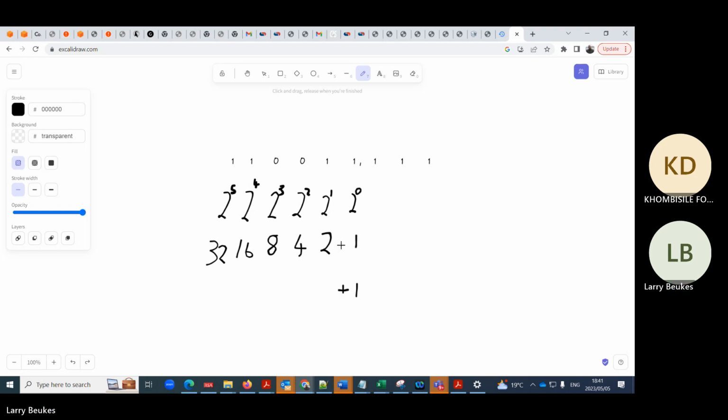plus 2. We know this bit here is present, so we're going to have 2. It's there because it's a 1, right? Then here, 0, 4 is not present. It's off. So we're not going to have 4; we're going to have a 0 here. Alternatively, you can just say 0 multiplied by 4. It's up to you. 0 multiplied by 8, so 0 here means 8 is not present.